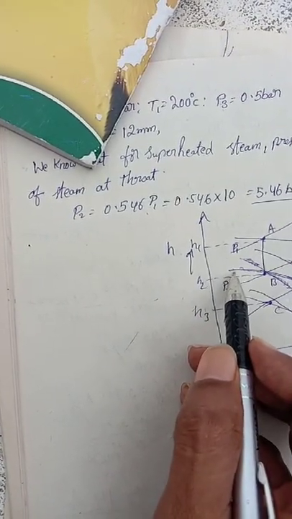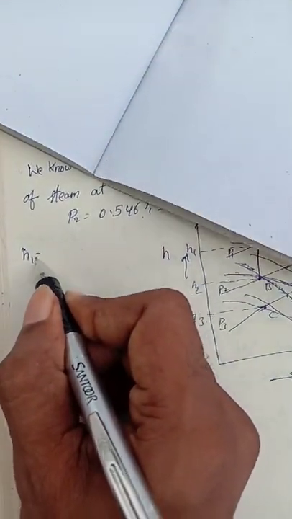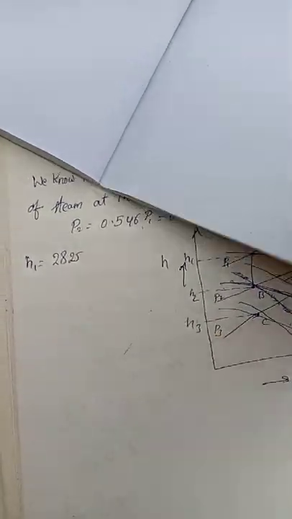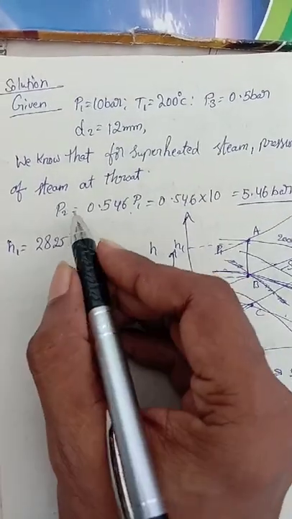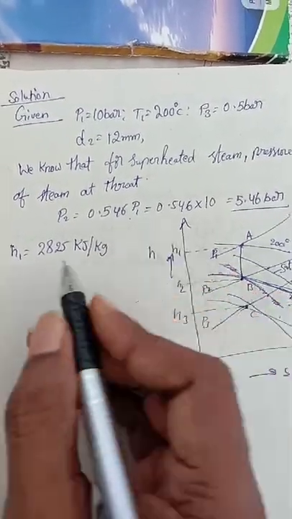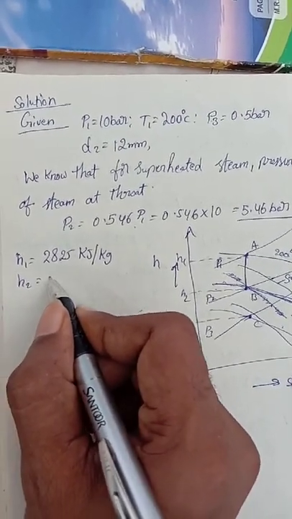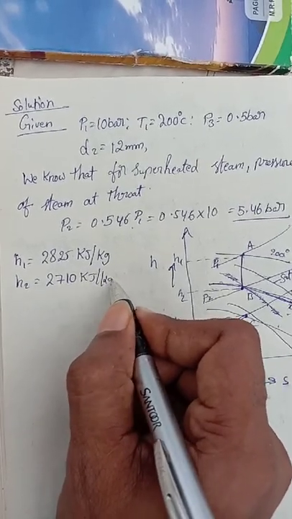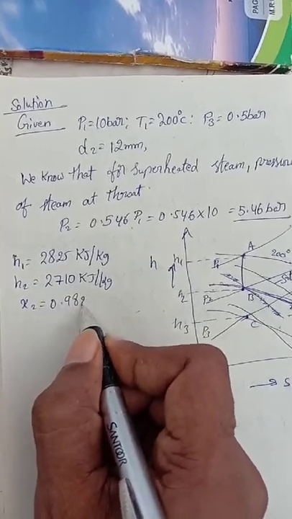From the Mollier diagram we know that H1 is equal to 2825 kilojoules per kg. H2 is equal to some kilojoules per kg. X2 is equal to 0.982.